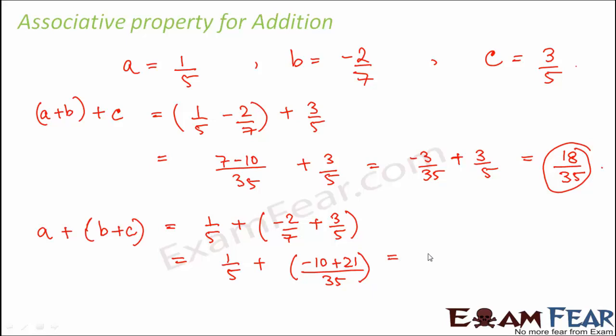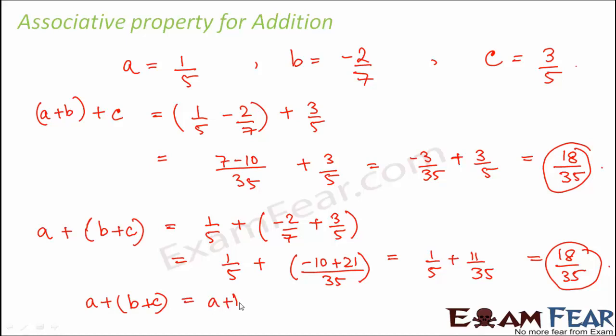This is equal to 1 by 5 plus 11 by 35. So this comes out to be 18 by 35 again. If you compare these two values, what do we see? We see that (A plus B) plus C is equal to A plus (B plus C). So we see that the associative property holds true for addition of rational numbers.